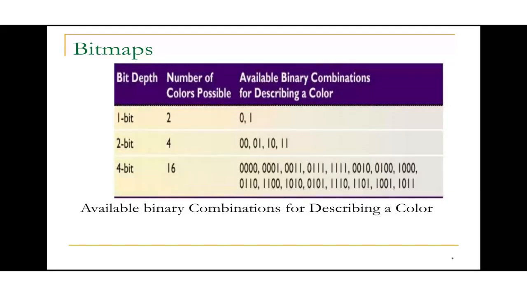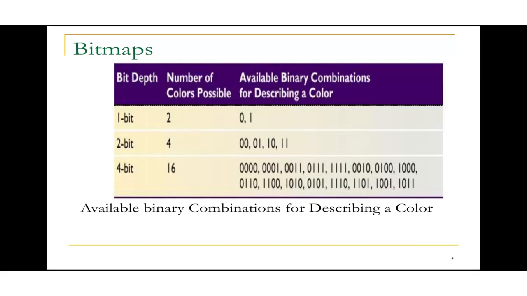So first of all, it is the issue of the bit depth. The bit depth, we said, is the number of bits that you use for your coding. So you choose how many bits you want to use to code your pixels.